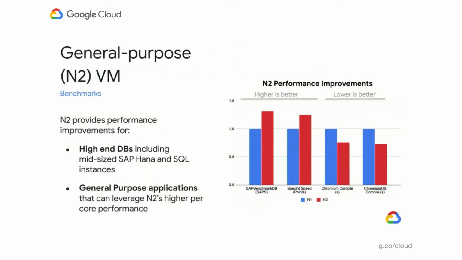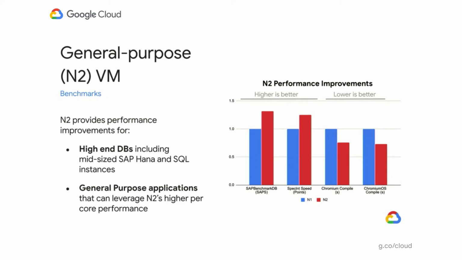Now let's move to some benchmarks and show you how you can benefit from our latest general purpose VMs. Over here, you can see a wide range of benchmarks showing improvements that range from 25 to 30% for most workload types. You can see that N2 VMs show great improvements when looking at benchmarks like SAP Benchmark DB, for example, which represents high-end databases.